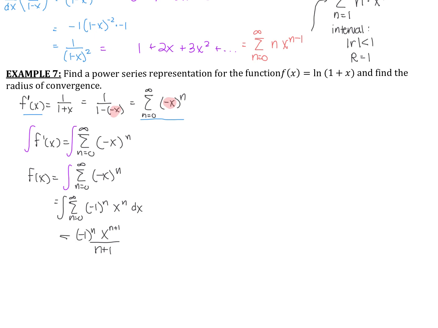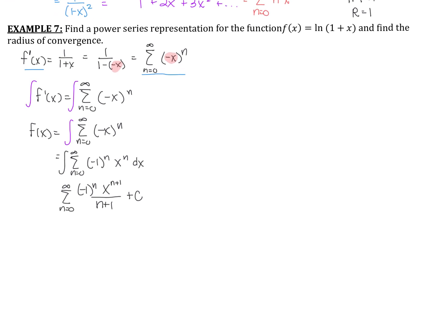And so this power series becomes the series from n equals 0 to infinity of the alternating part, negative 1 to the n, x to the n plus 1 over n plus 1, and I can't forget my plus c. Now, sometimes we shift the index up just to make the function look a little bit prettier. It is possible to rewrite, just like we did before, this series.